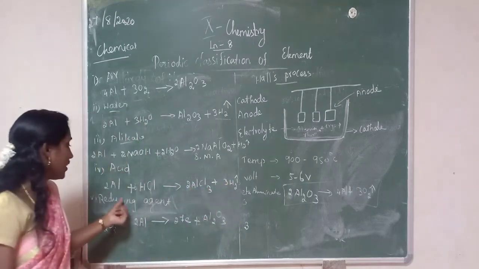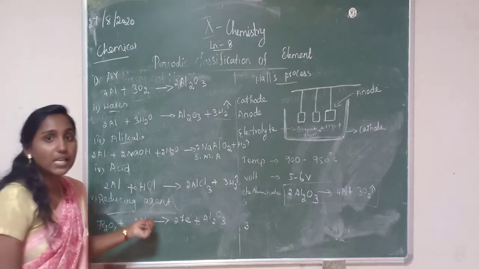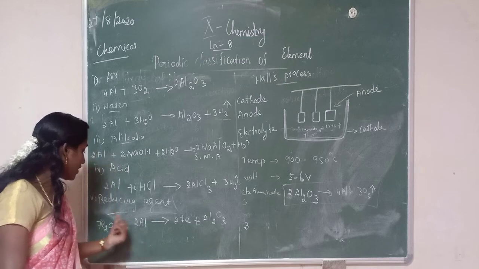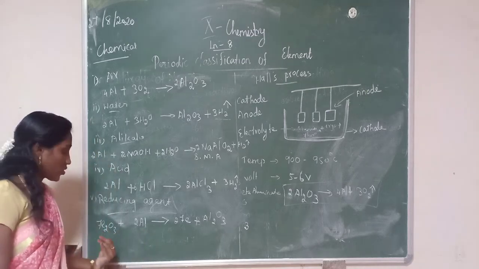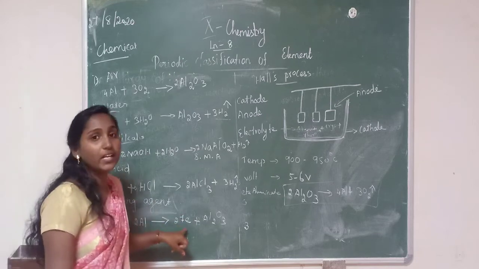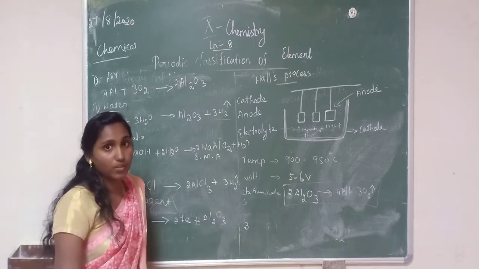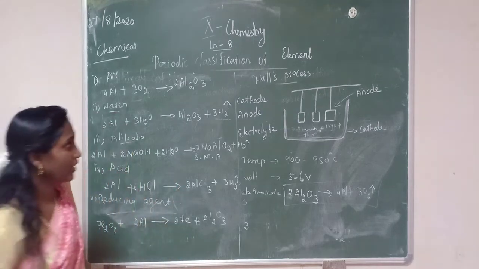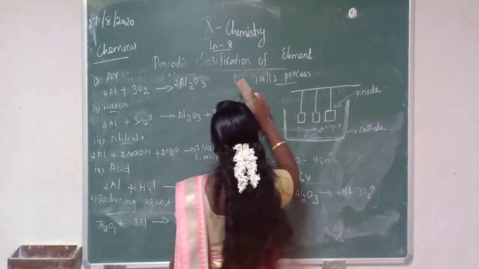Hydrogen gas. Then reducing agent: aluminium is a powerful reducing agent. When the mixture of aluminium powder and iron oxide reacts, it is reduced to form iron metal and aluminium oxide also forms. Have you understood? Next we are going to study the uses of aluminium.